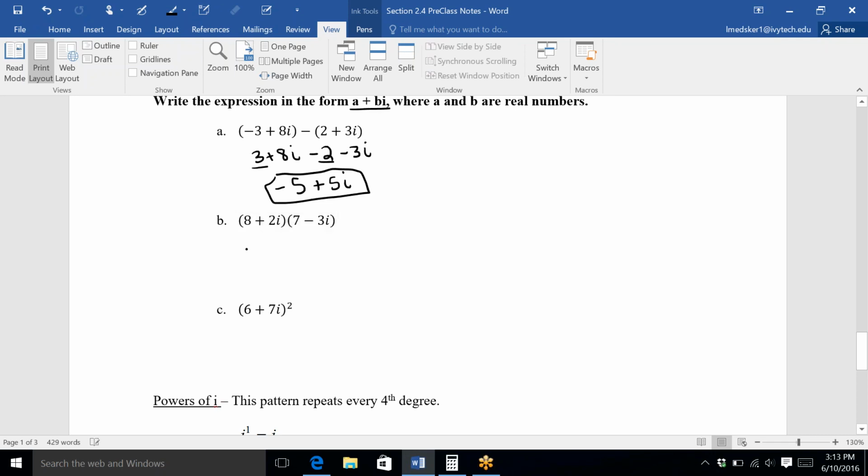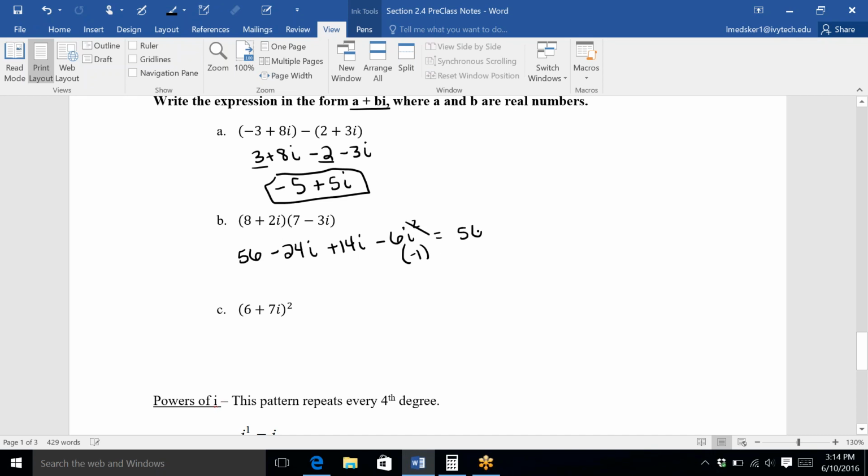Something like this we would FOIL like normal, so 56, 8 times -3 is -24i, 2i times 7 is +14i, and 2i times -3i, be careful here, 2 times -3 is -6, i times i is i squared, but remember i squared is always -1, and it actually goes away once you've replaced it.